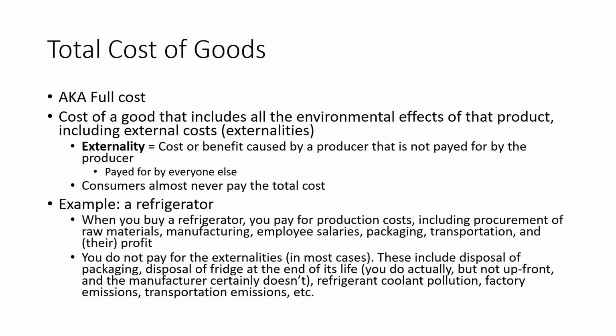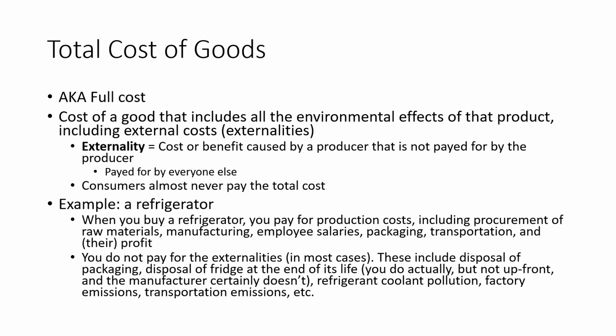It's paid for by everybody else. The pollution at the power plant or the pollution at the factory is paid for by everybody else breathing in that air, not necessarily the producer, depending on local regulations. Sometimes they have fines for too much pollution, sometimes they have tax breaks for less pollution, but in general, that pollution could be an externality.